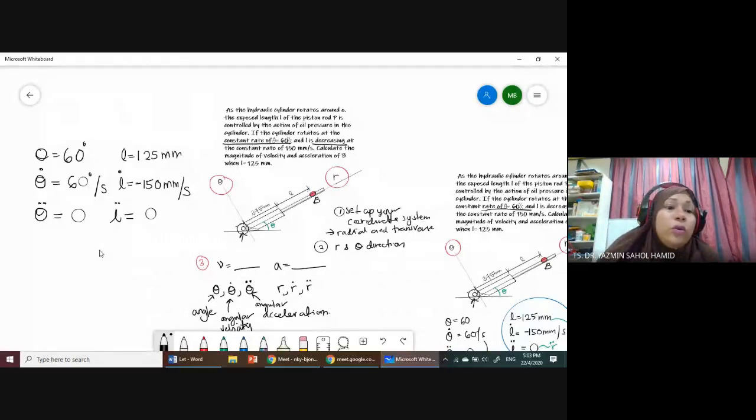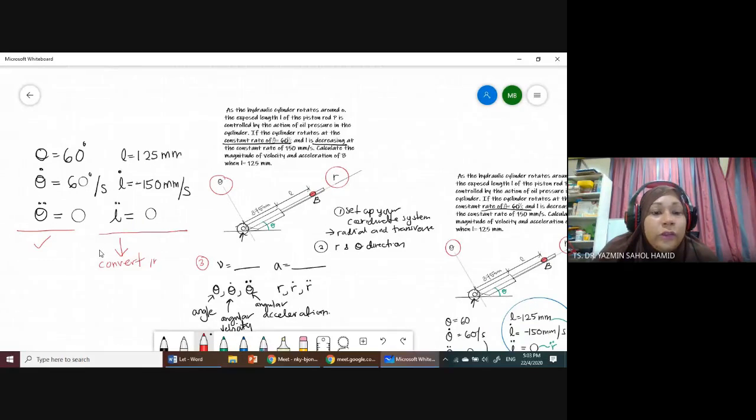Now we have the value of theta, that's fine. But our length is in terms of L, and we need to convert this into R, R dot and R double dot.